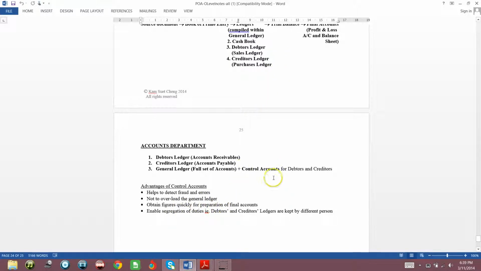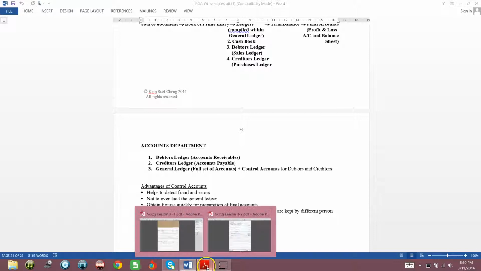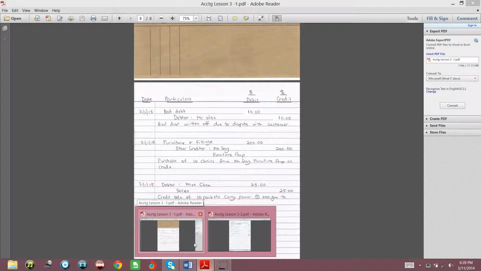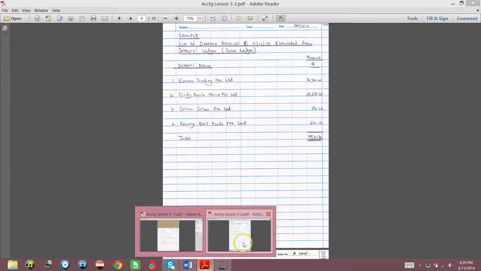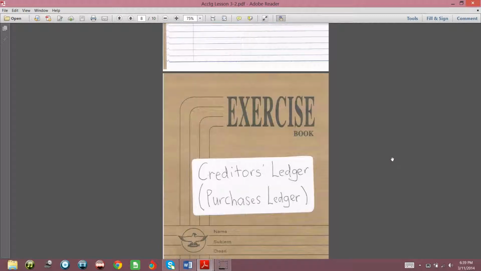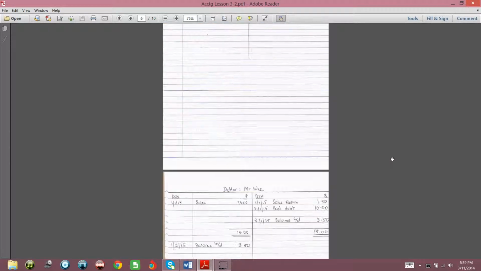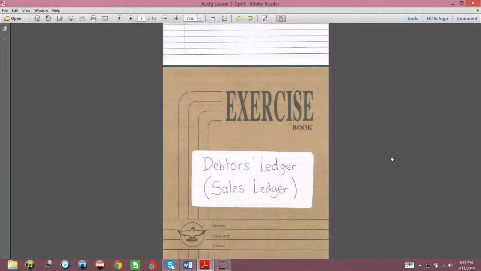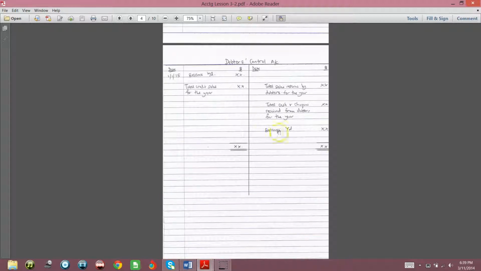So the control account for debtors and creditors will help obtain figures quickly for preparation of final accounts. You see, the person doing the general ledger will just get the year-end figure from all the books of prime entry.